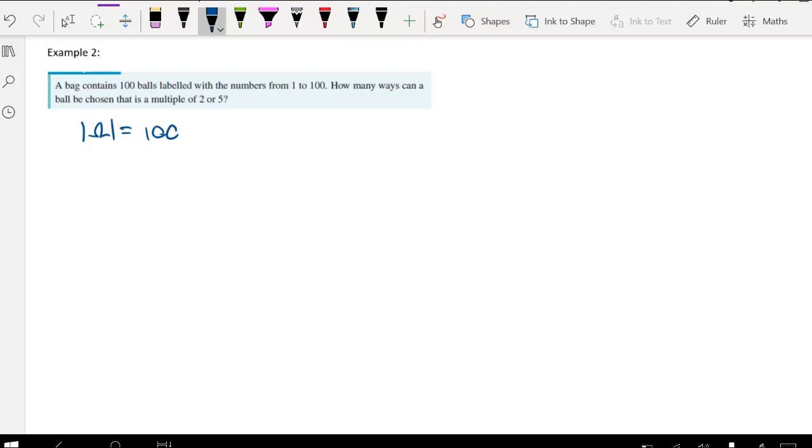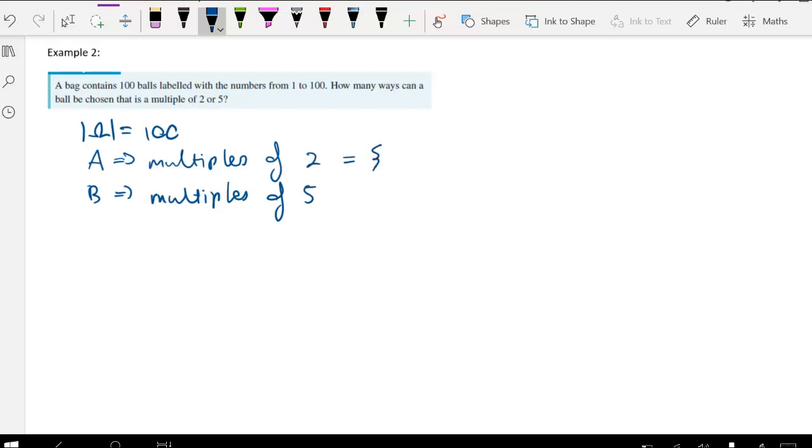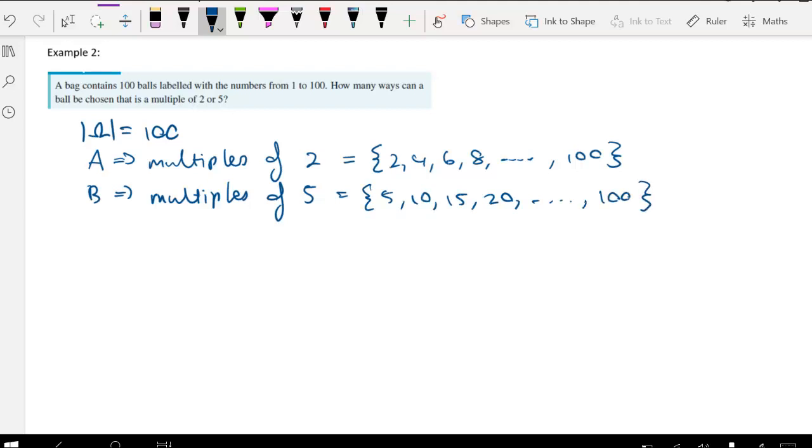Okay, so we're going to let set A be multiples of 2, and we'll let set B be multiples of 5. So that will be 2, 4, 6, 8, and so on, all the way up to 100. And this will be 5, 10, 15, 20, and so on, all the way up to 100.